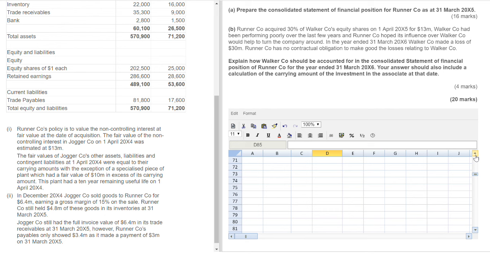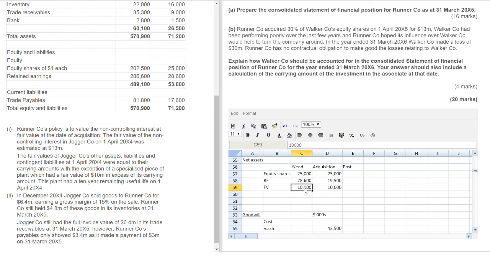Okay, let's get that first, because what that is saying is that we have a fair value adjustment, which was there at 10,000 at the acquisition date, and it will be 10,000 at the reporting year-end date as well, won't it? Don't get carried away. Be careful.